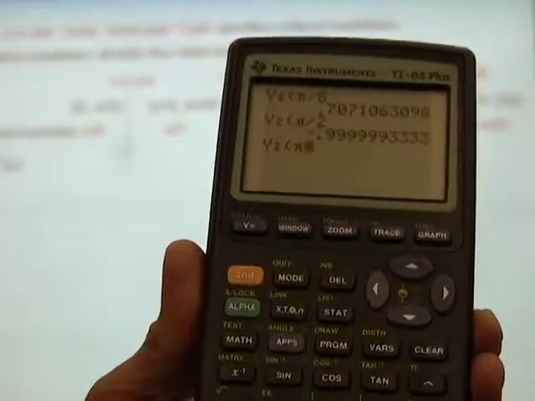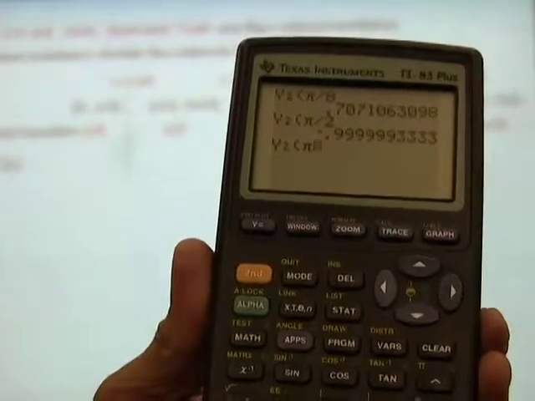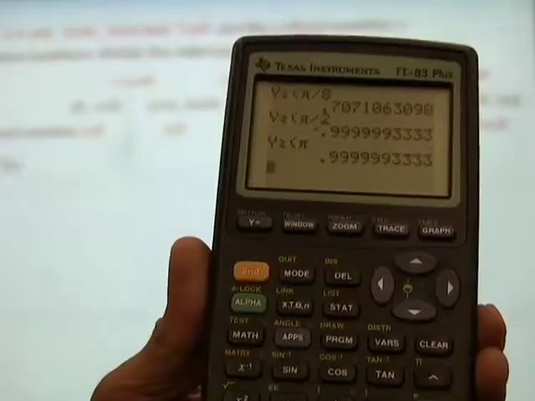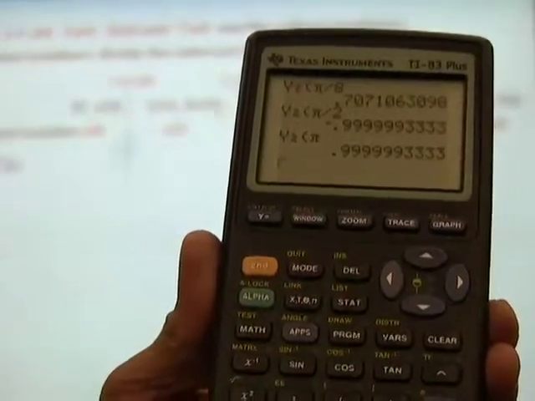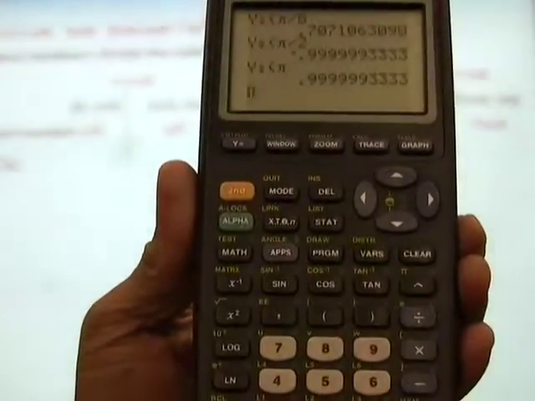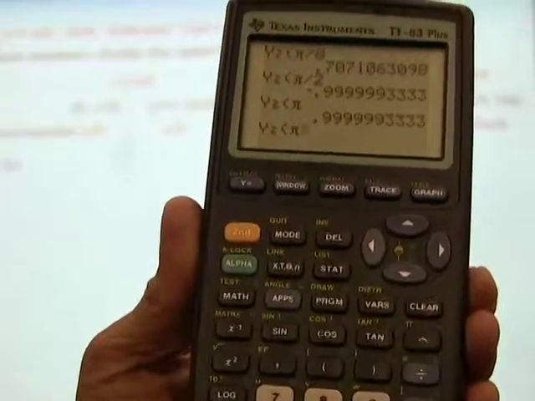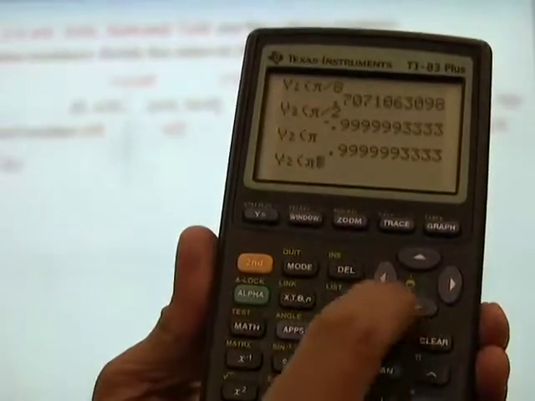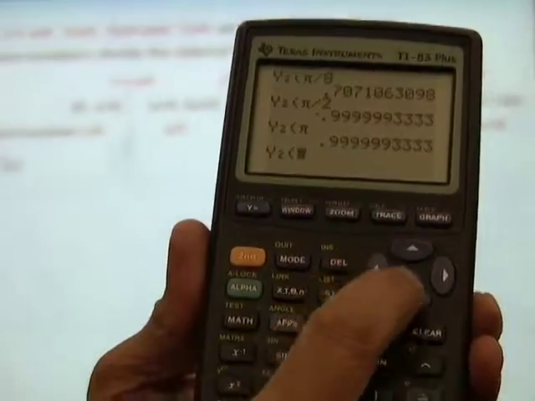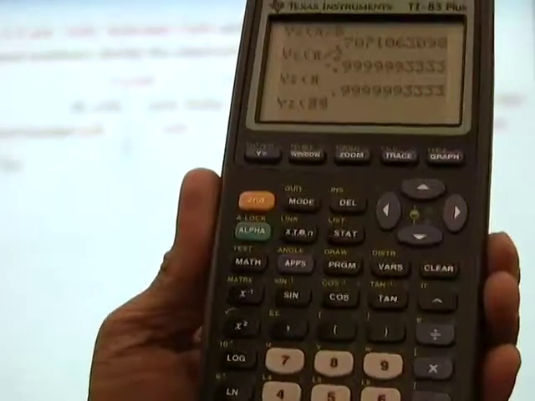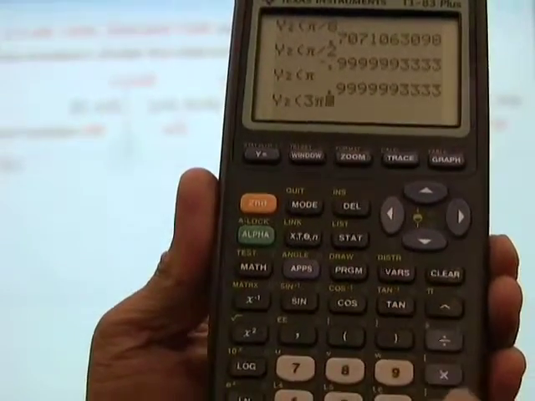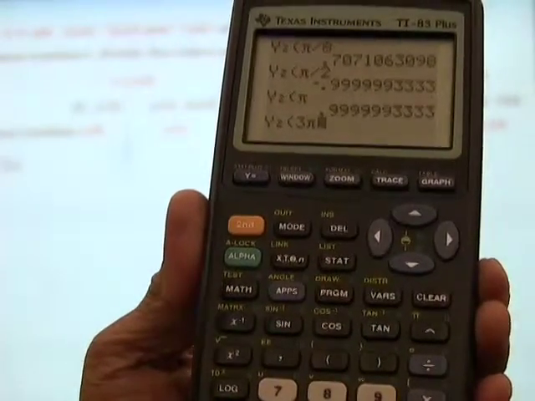The calculator doesn't mind it. So the derivative at x equal to pi is positive. And next, second enter, we want 3 pi by 2. So you have to now write down 3 pi by 2.